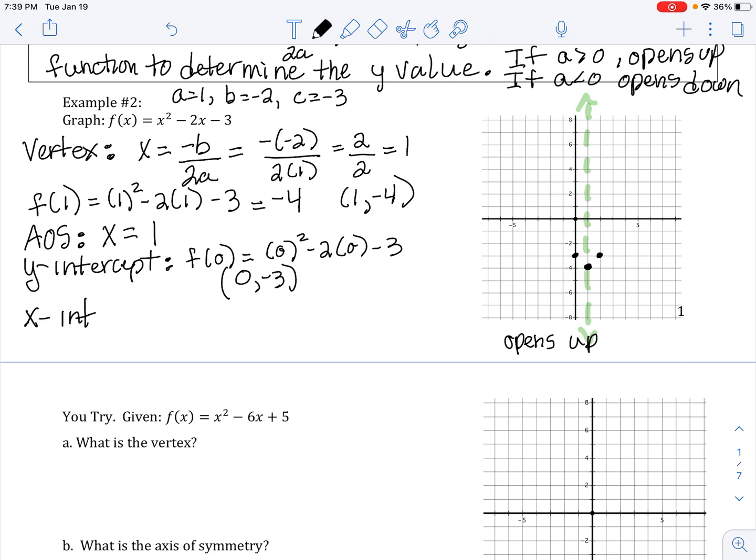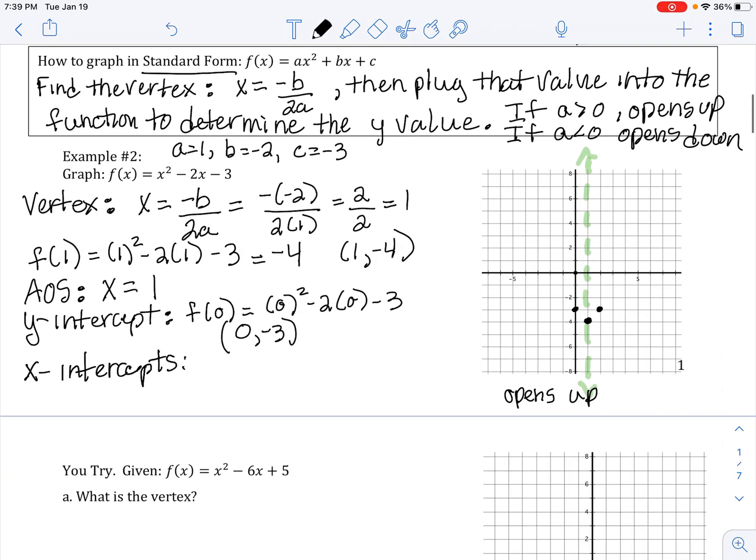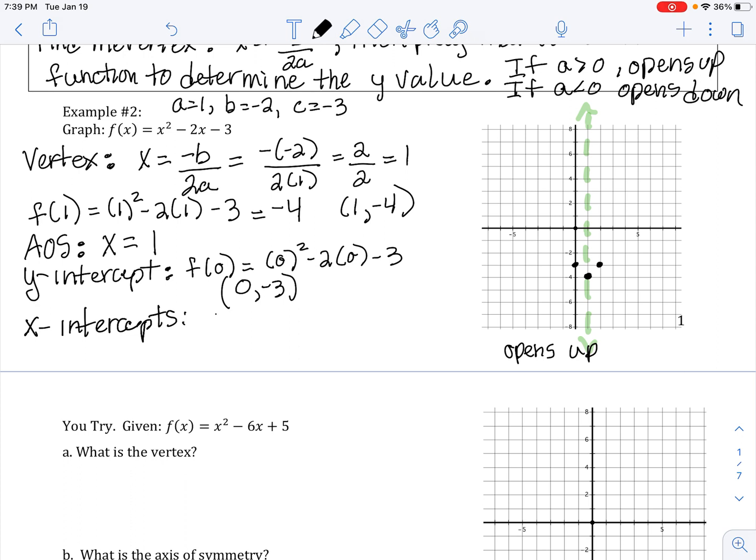So I'm going to go ahead and find my x-intercepts. Okay, well, to find the x-intercepts up above, what does it say? Set y equals f of x equal to 0. So 0 equals x squared minus 2x minus 3.